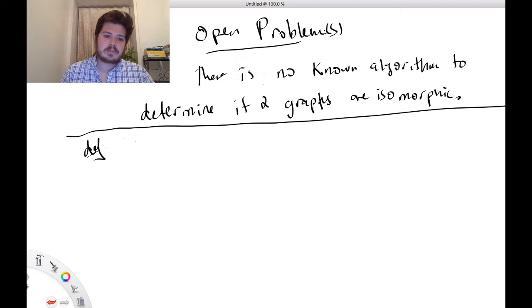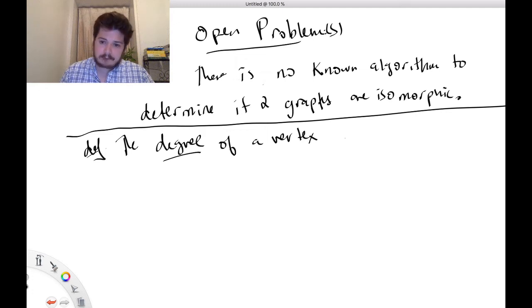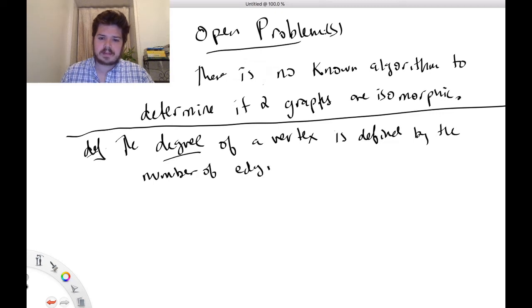So the degree of a vertex is defined by the number of edges from that vertex.